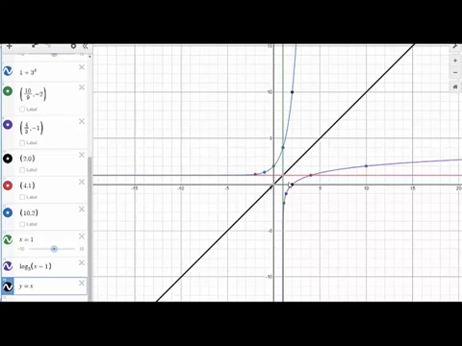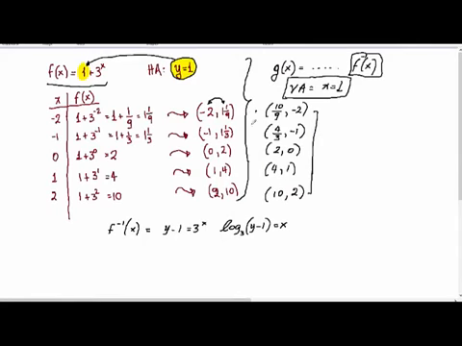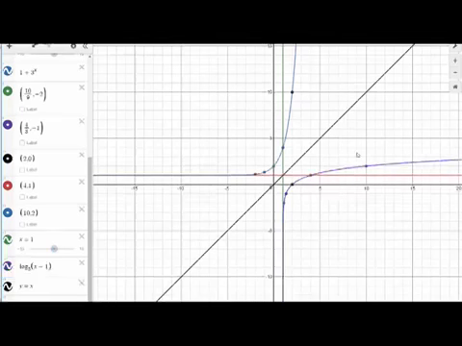We already discussed that the corresponding inverse is going to be a logarithmic function, and the logarithmic function that we will find is this. For now you don't want to do that. The only thing that you want to do is find the table of points for the initial function, reverse them, change the horizontal asymptote to a vertical asymptote, and graph those points and connect them. And the answer that you will get is the purple line right here, that is the logarithm with base 3 of x minus 1.